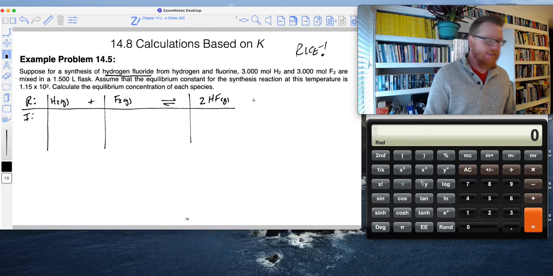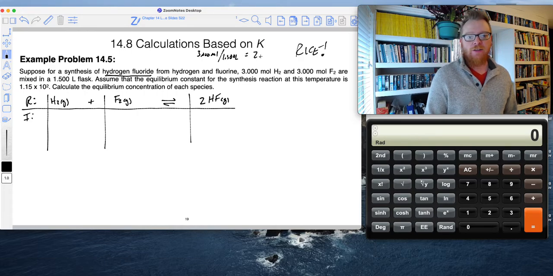So it says 3 moles of H2 and 3 moles of F2 are mixed in a 1 liter flask. So 3.00 moles in a 1.50 liter flask. So hopefully you can see that that's going to be 2.000 molar. Okay.